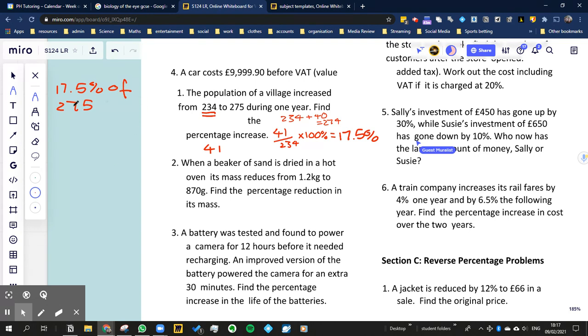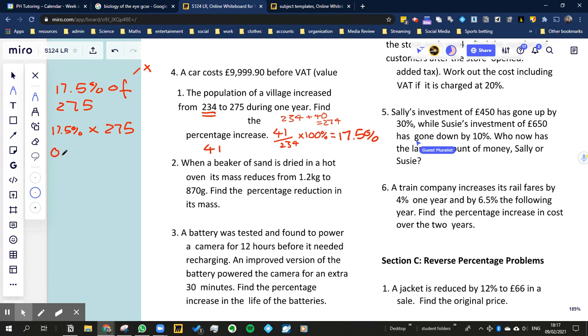So whenever we have 17.5% of something, or even like a fraction, like half of something, it means 17.5% times that. It's this of in this way. It basically means the same as multiplied. So 17.5% times 275. But 17.5% is basically in a decimal, we would divide it by 100.